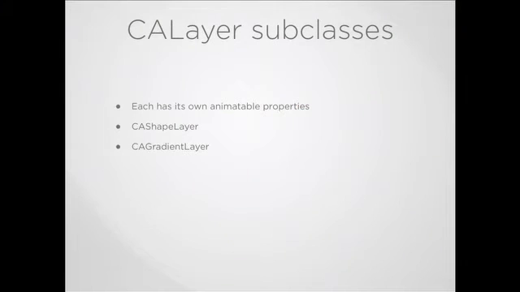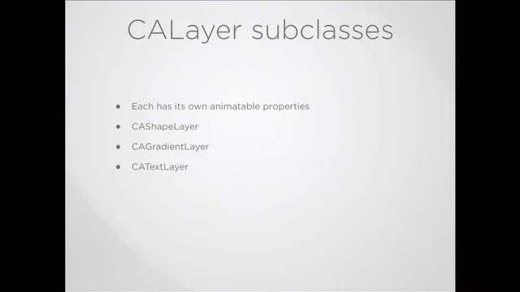And you can animate those paths and those shapes, which is a really fun thing. There's CAGradientLayer, which paints gradients for you in an efficient manner that's optimized for the GPU, and you can animate the colors and the start and end points and the locations of those colors. There's CATextLayer, which presents text, and you can animate a couple things like font size and font color. And there's even more classes beyond that, but they're worth looking into.